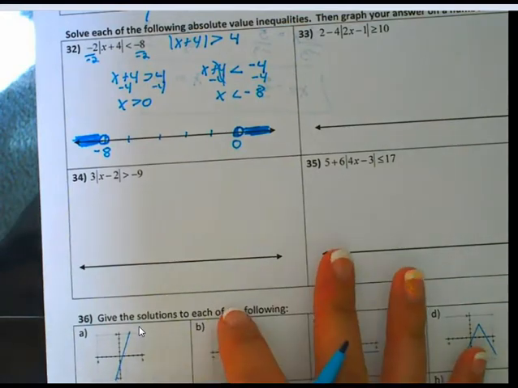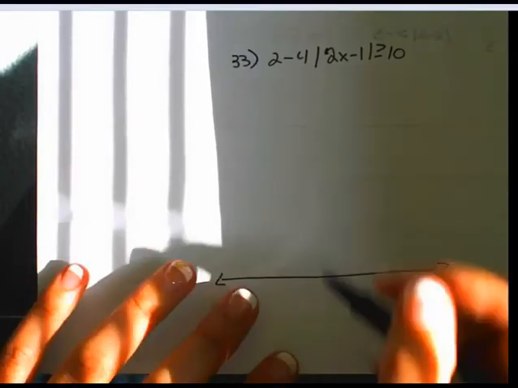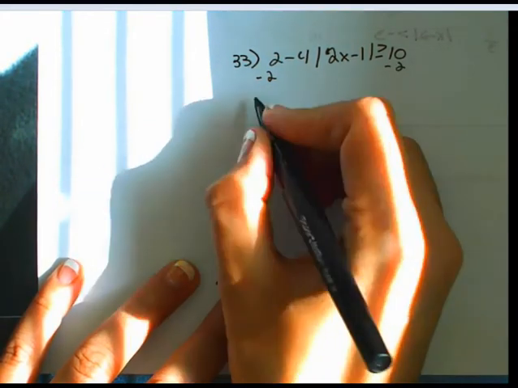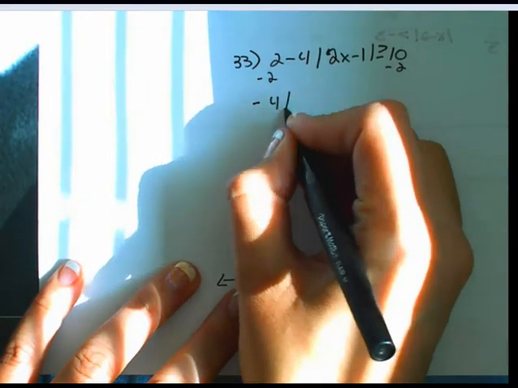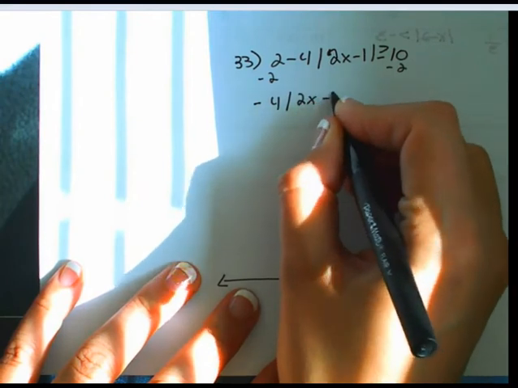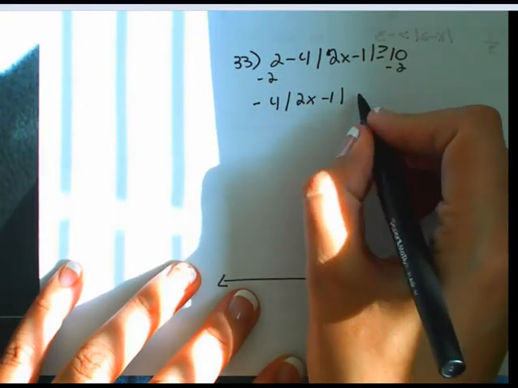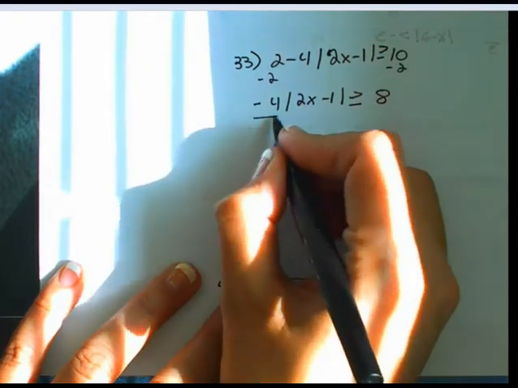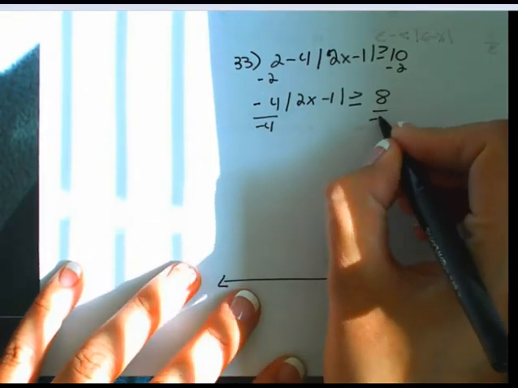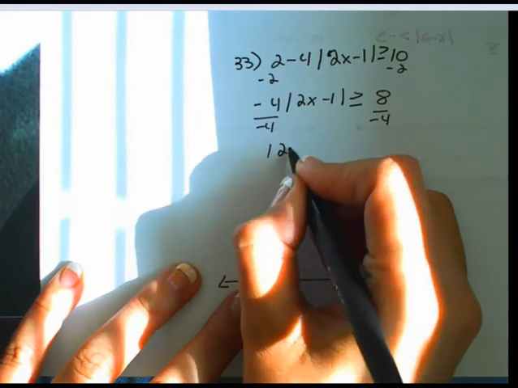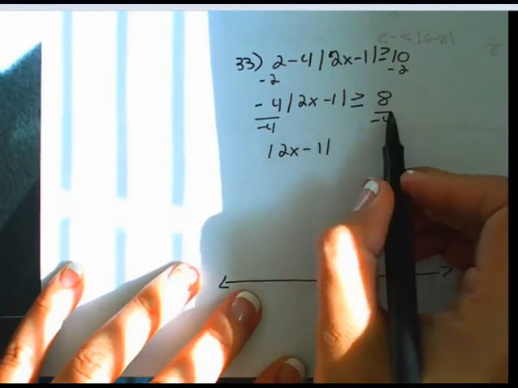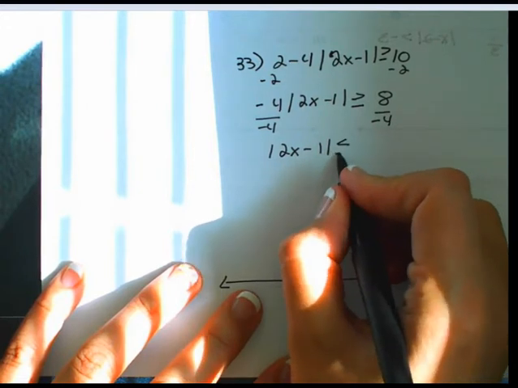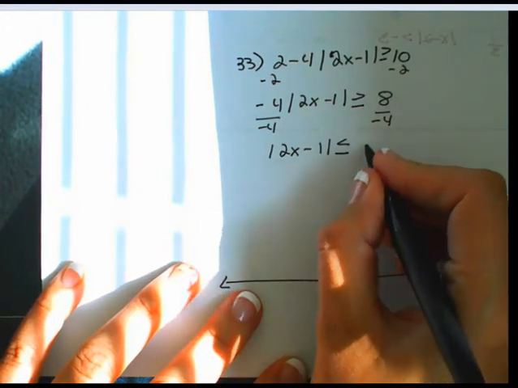All right, let's take a look at the next one. Okay, I wrote this on the back just to give me a little more room. So then I have negative 4 absolute value of 2x minus 1 is greater than or equal to 8. Then I've got to divide by negative 4. Remember, we're isolating first. Absolute value of 2x minus 1. We divided by a negative number, so we have to change the direction of our inequality. 8 divided by negative 4 is negative 2.